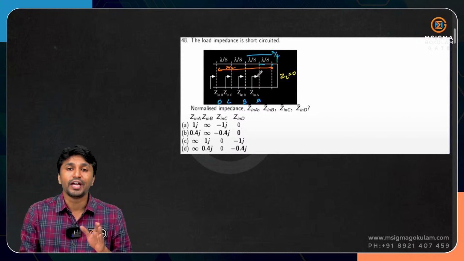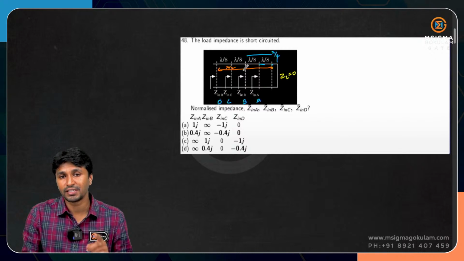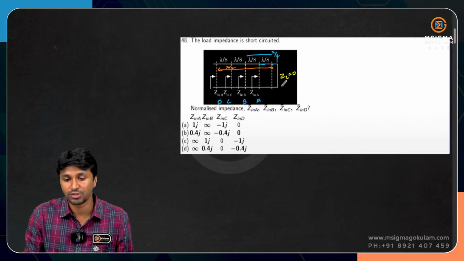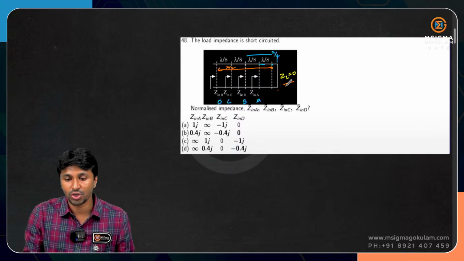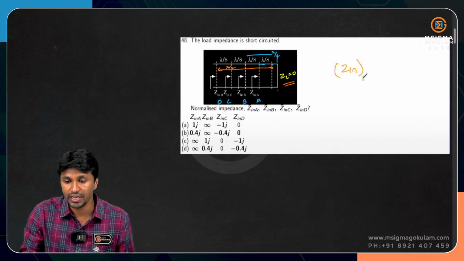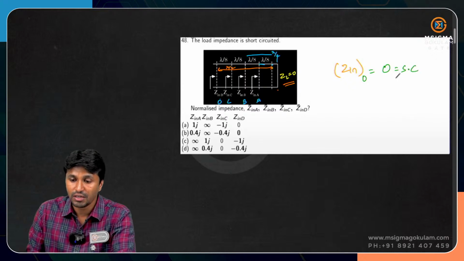We know from the Smith chart that the impedance repeats every lambda by 2 cycle. So the impedance at the load and at the point D should be the same. The load impedance is short circuited, so the impedance at the point D should also be a short circuit, which is 0 ohms.